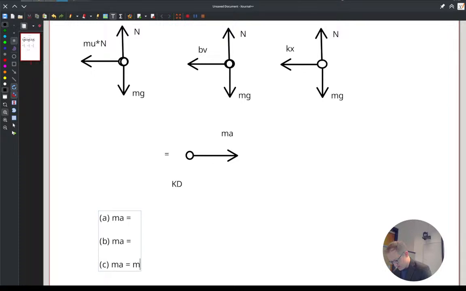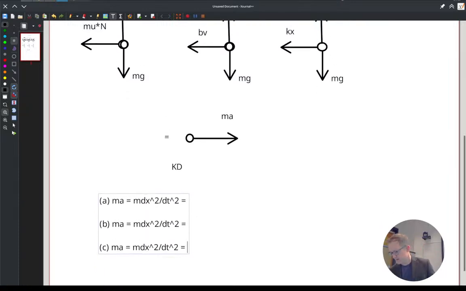So m. I'll leave that one. So what are these three equations that we need to solve?